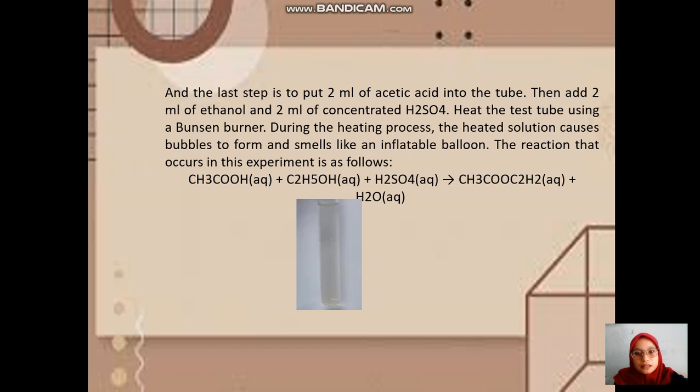During the heating process, the heated solution causes bubbles to form and gives a fruity smell. The reaction that occurs is CH3COOH + C2H5OH + H2SO4 produces CH3COOC2H5 + H2O.